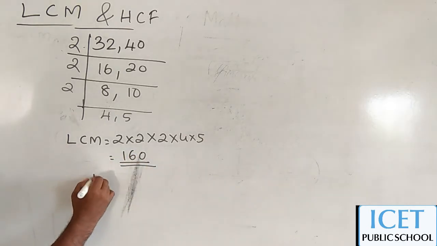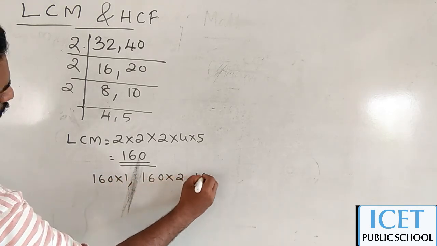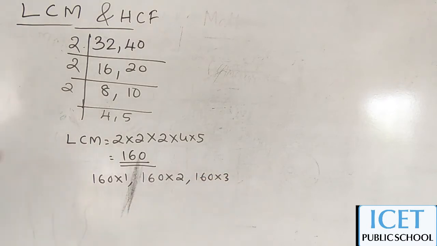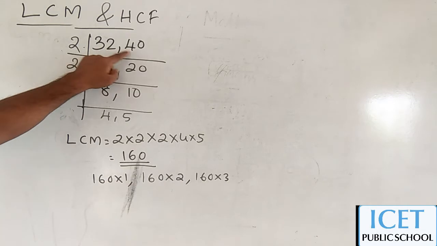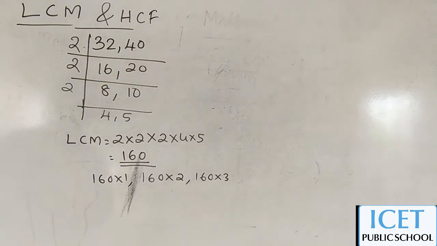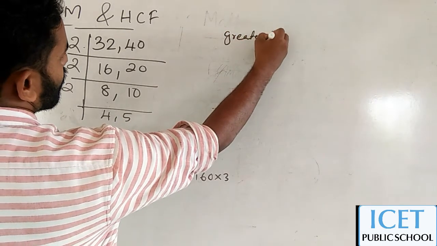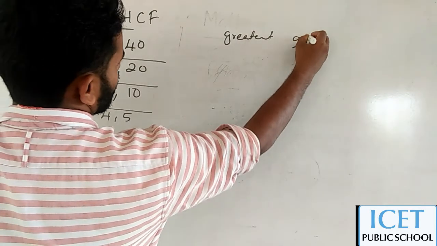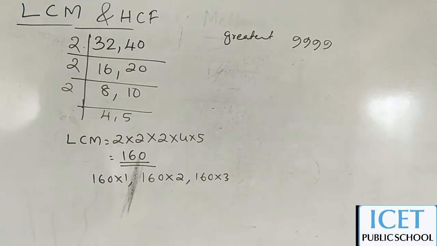So we can say that 160 into 1, 160 into 2, 160 into 3. These are multiples of 32 and 40. Or this number can be divisible by 32 and 40. But what we have to find here? Here we have to find out the greatest 4-digit number. Which is the greatest 4-digit number? 9, 9, 9, 9. But our question is which is the greatest 4-digit number that is divisible by 32 and 40.